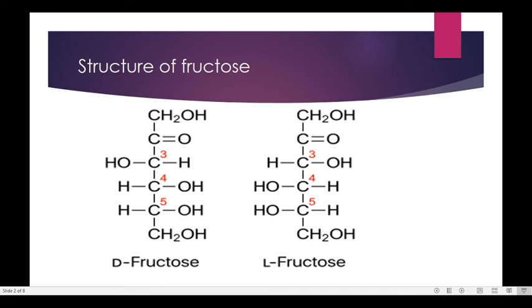So from carbon 2, carbon 5 is the most distant carbon, and it is the most distant asymmetric carbon. And at this carbon, the OH group is on the right hand side, so this structure will be D form, and in L form this OH group is on the left hand side. So by seeing the structure, we can differentiate between D form and L form.